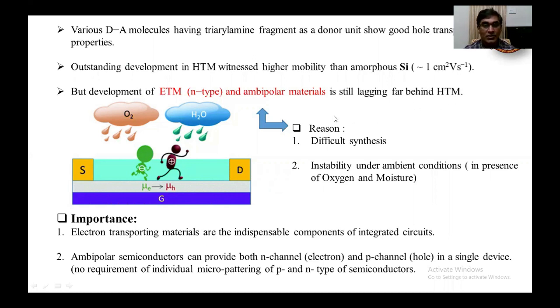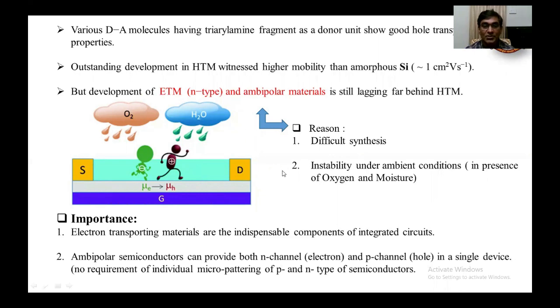So what is the reason? To develop these n-type and ambipolar materials, the synthesis is difficult, and they are unstable under ambient conditions like oxygen and moisture, that is water, which interfere with these devices or lower their performance.